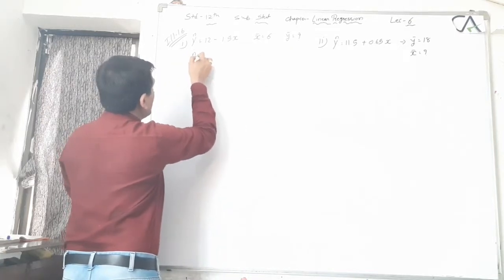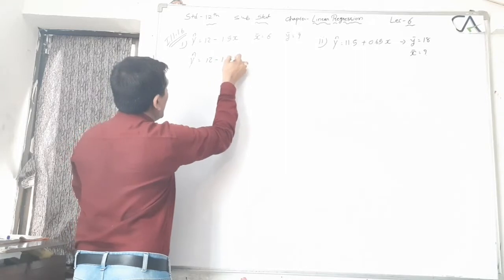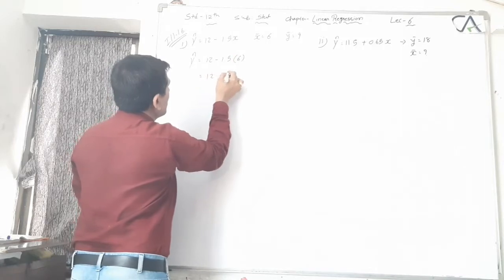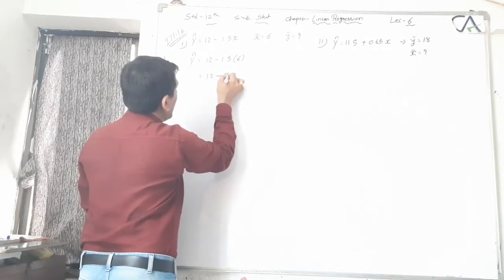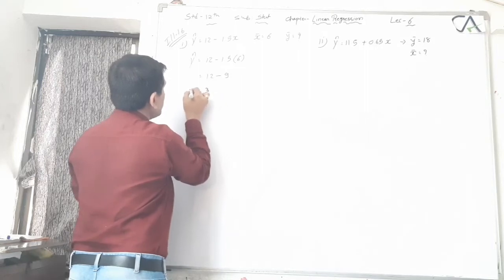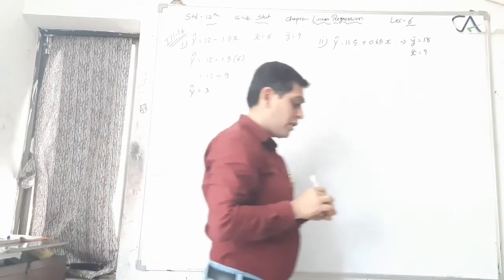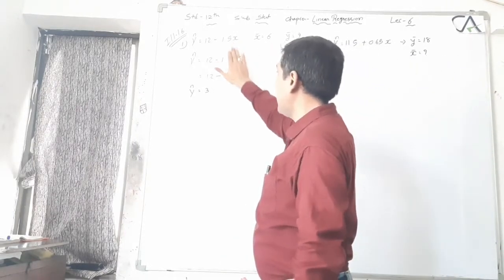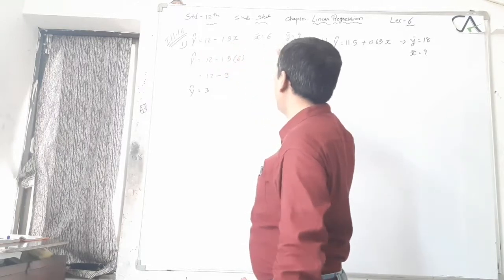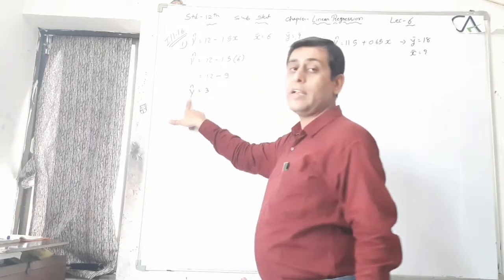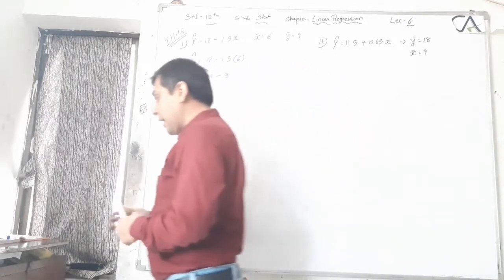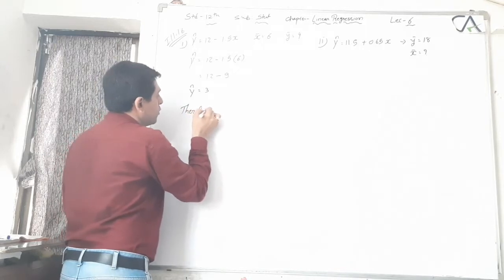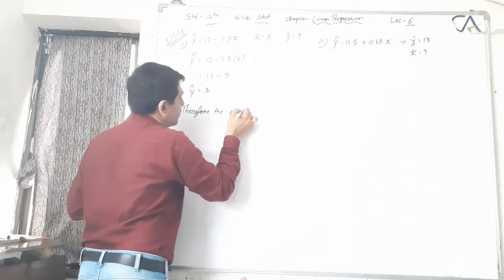Here y cap is equal to 12 minus 1.5 times x, and we are putting the value of x bar, so 12 minus 9, that is 3. Y cap is equal to 3. If you put x bar 6 as x in the y on x regression model, you get the answer of y cap, that is your y bar. So write down that therefore the mean of y is 3.